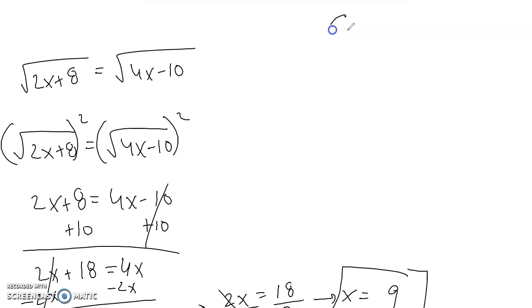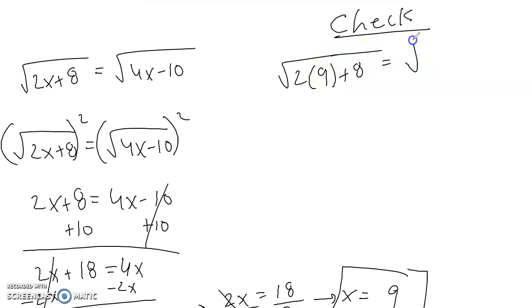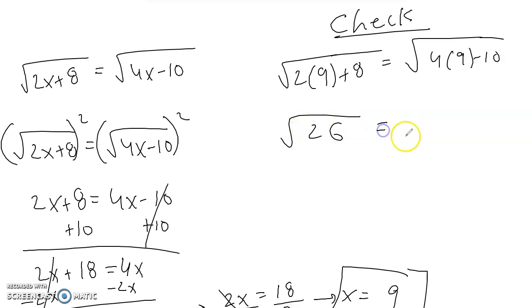Okay, now if I wanted to check if my answer was correct, I would go ahead and take my x value and plug it into wherever I see an x. And we have the same thing.